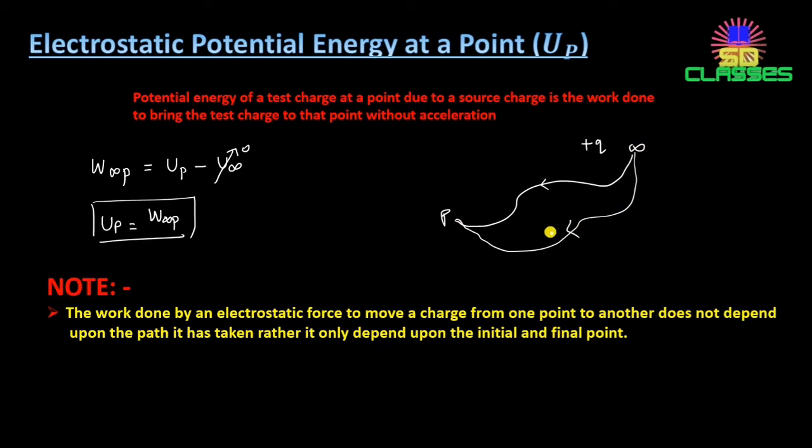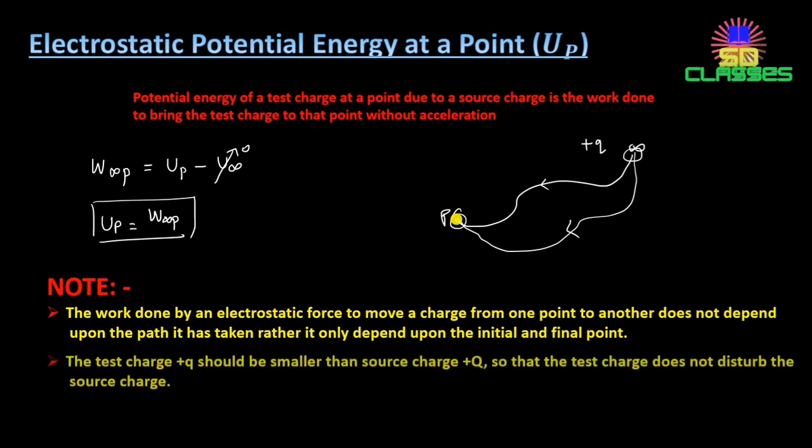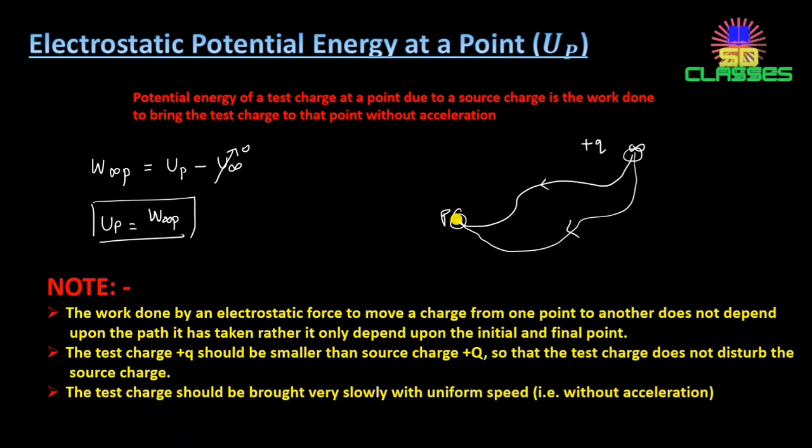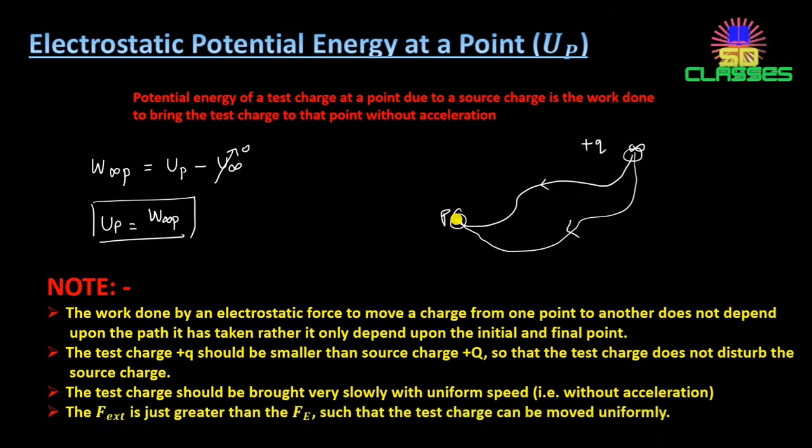The only important points are the initial point and the final point. Next, the test charge plus Q should not disturb your source charge. That means the value of the small plus q charge is very small compared to the capital plus Q charge. Next, the test charge should be brought very slowly with uniform speed, that means without acceleration.